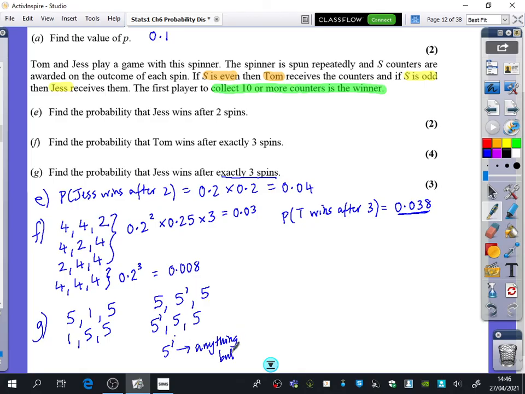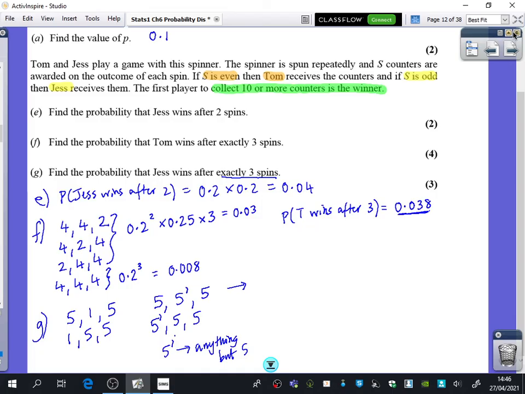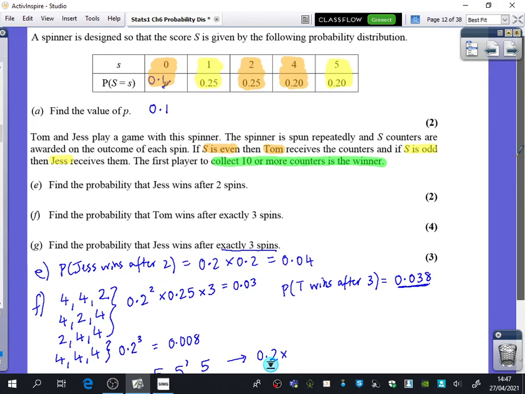Does that make sense? If it's anything but 5, she won't get enough points. Because it could be 5, 1, 5, it could be 5, anything, 5. So 5, not 5, 5, that probability is 0.2 multiplied by, what's not 5 going to be? Anything but 5? The probability of 5 is 0.2. The probability it's not a 5 is 0.8.